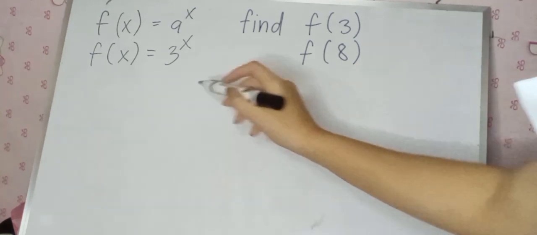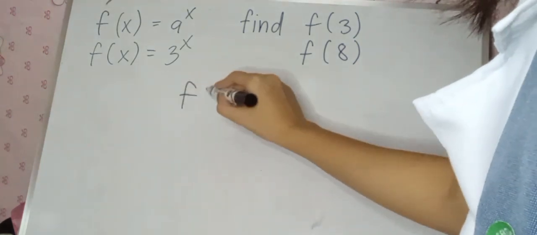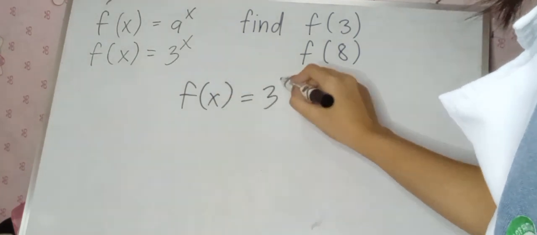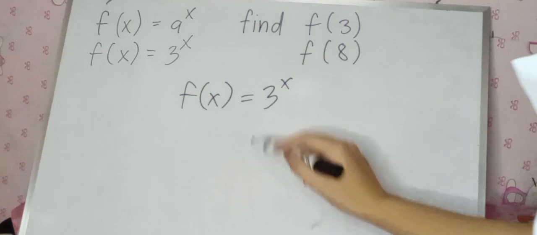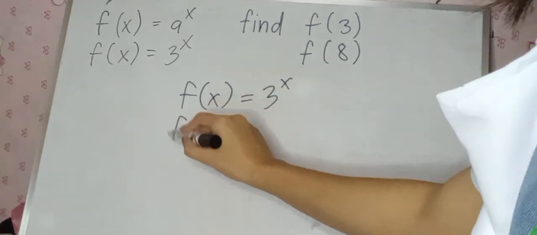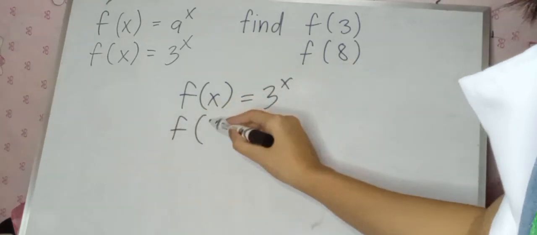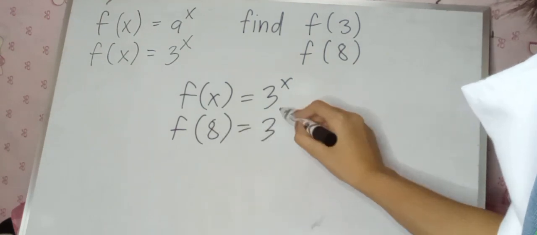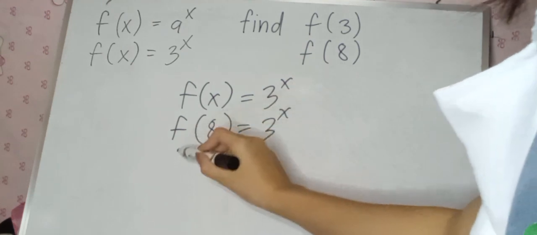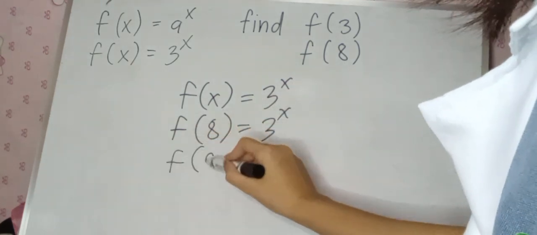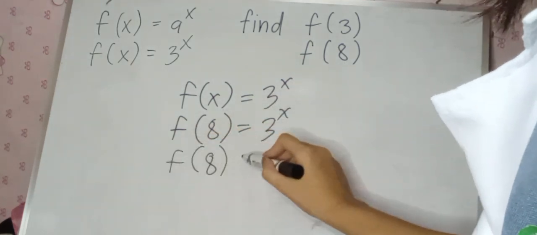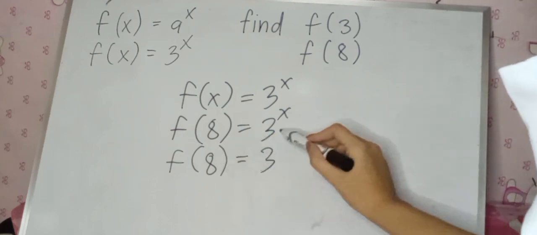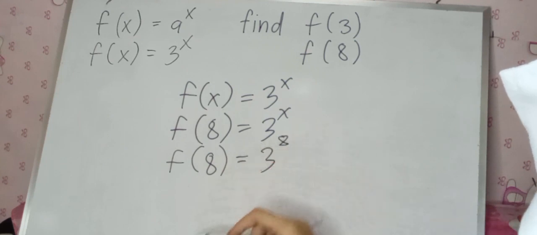Now, yung sunod naman nating hahanapin is yung f(8). So, uulitin lang natin yung process. f(x) is equals to 3^x. Now, i-convert na natin. f(8) is equals to copy 3^x. Next step is to write f(x) is equals to 3 raised to 8.